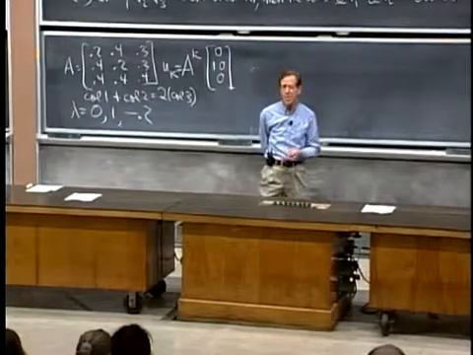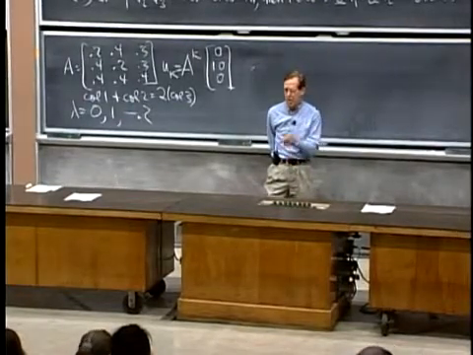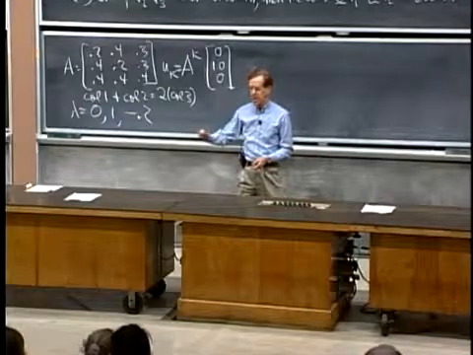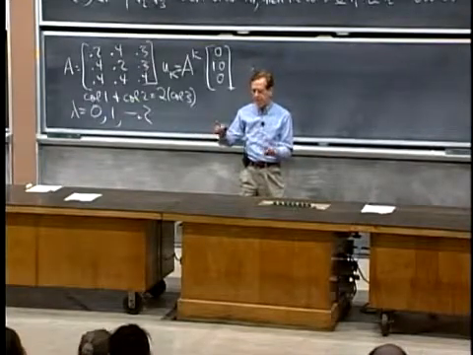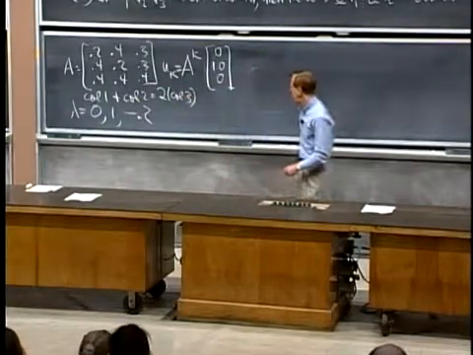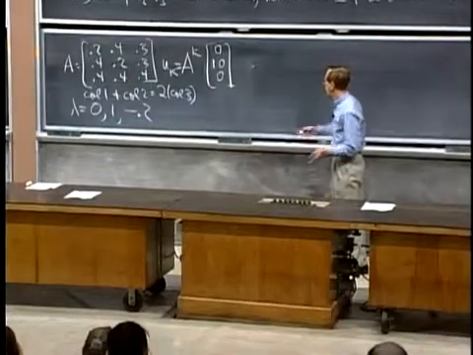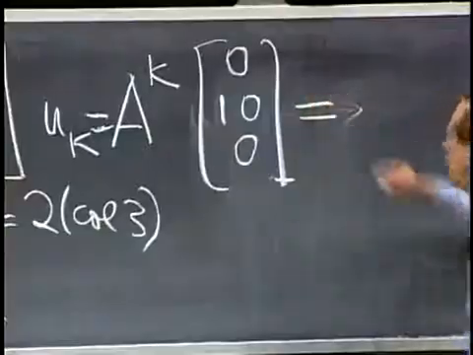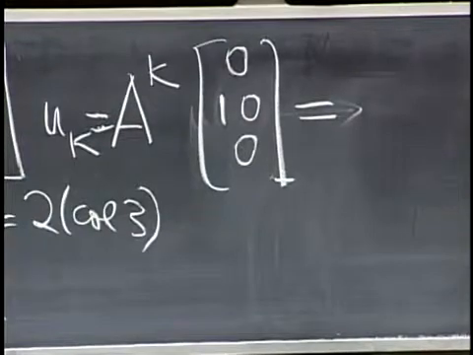This is a steady state question, right? I'm looking for the steady state. Actually, the question doesn't ask for the k-step answer. It just jumps right away to infinity. But how would I express the solution after k steps?